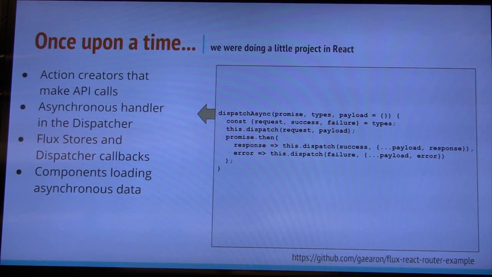And then we used Dan's example of an asynchronous handler in the dispatcher that would handle the promise, dispatch either the success or failure action with the corresponding response.